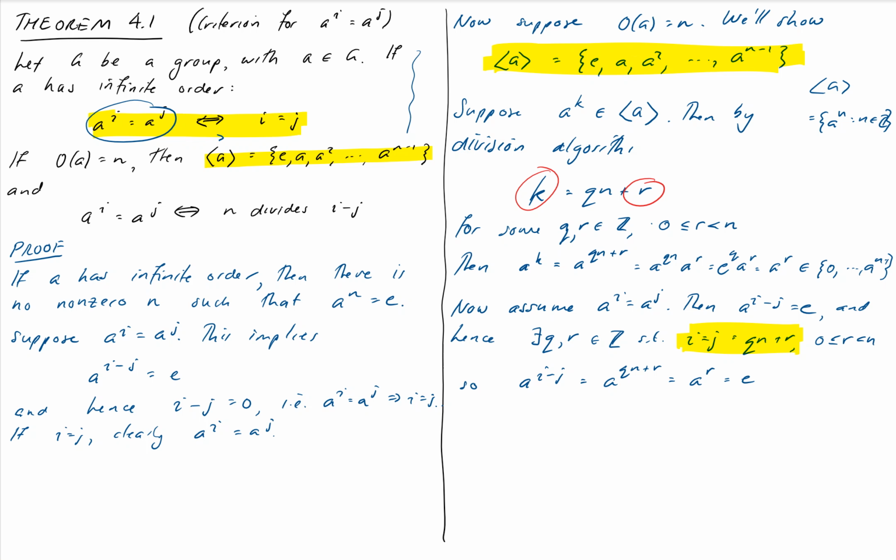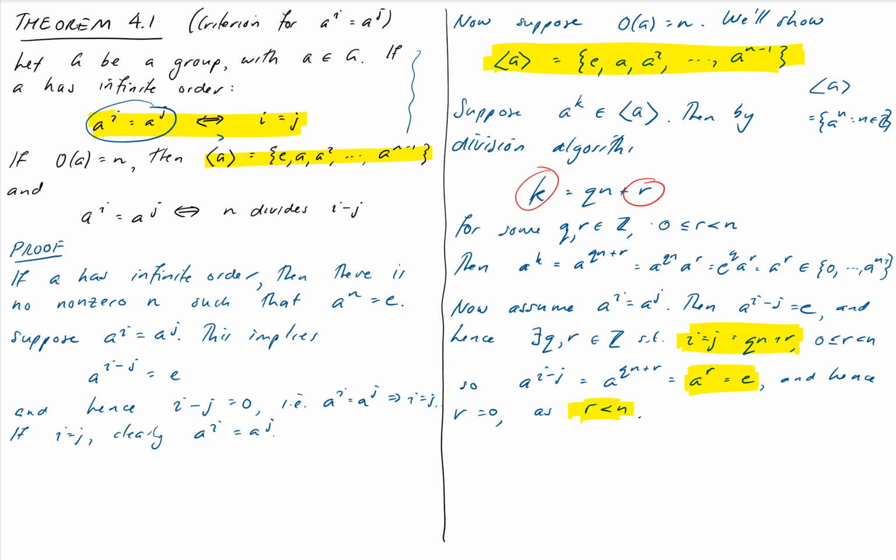And the only way this can be true is if r equals 0, as r is less than n. The only way that a to the r can be equal to that identity is if r is either 0 or a multiple of the order of a. The order of a is n, and r is less than n, therefore r has to be 0.